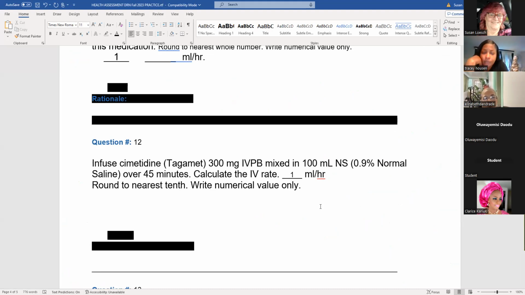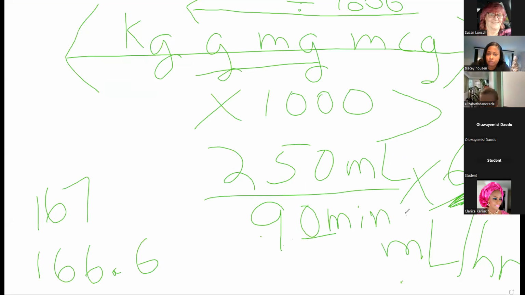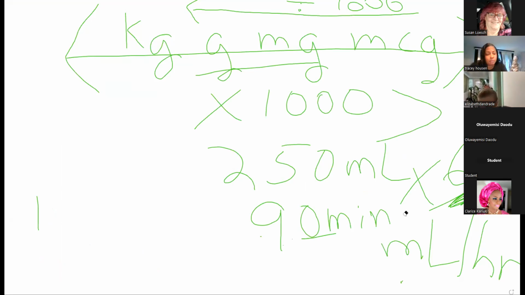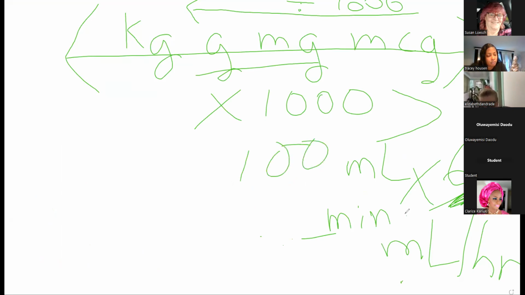Okay, good. Then we'll multiply it by 60 because it's in minutes. Correct. That'll give us 133 mLs per hour.